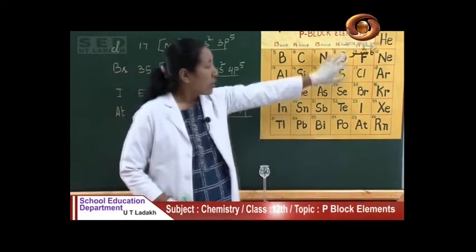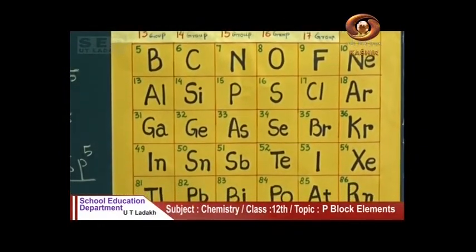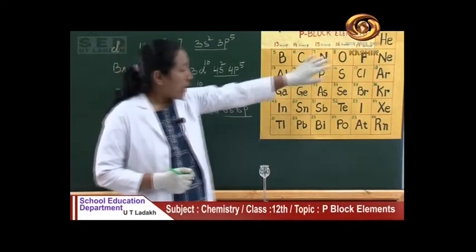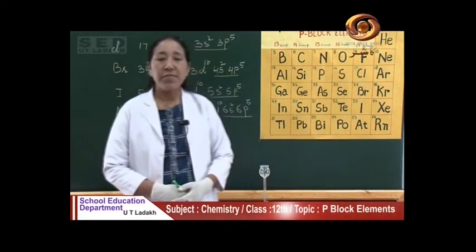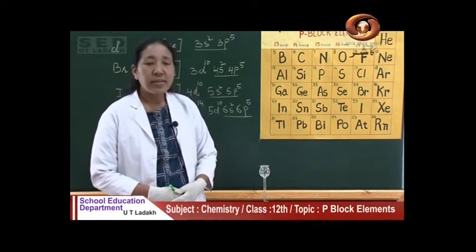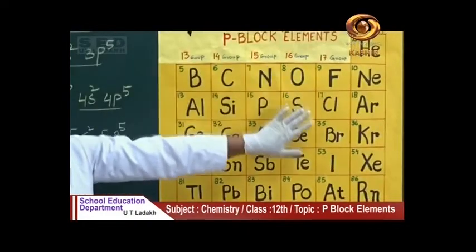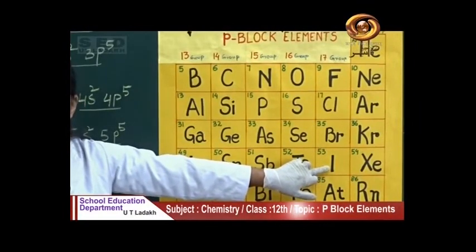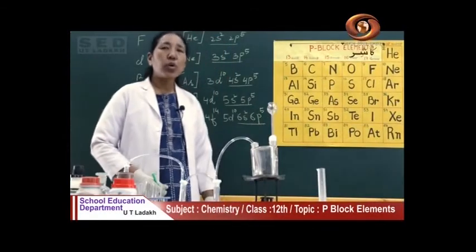They are very reactive and electronegative in nature, and they are present in seaweeds. We already know that seafood contains halogen, especially iodine. If we have fish, it contains iodine, which is good for our health.